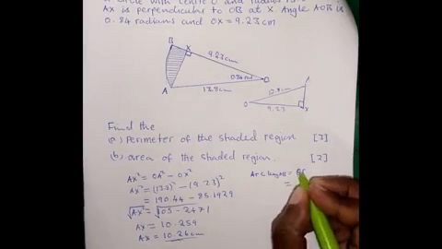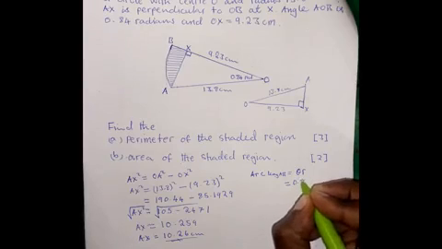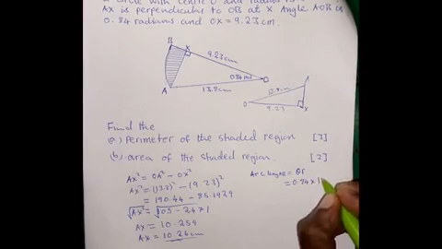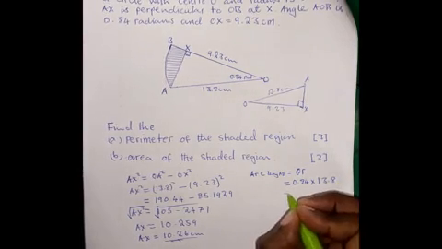So we put 0.84 times 13.8. So what's the answer?